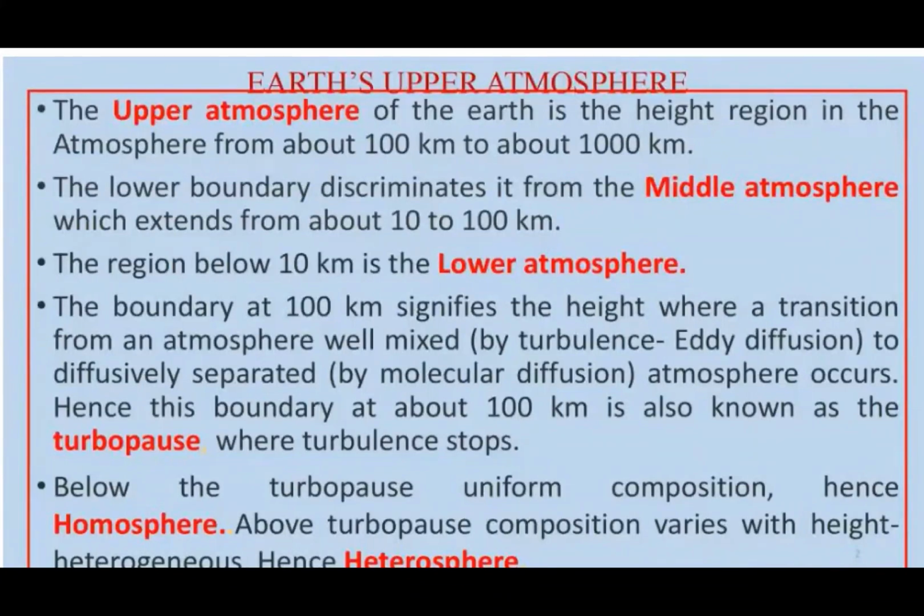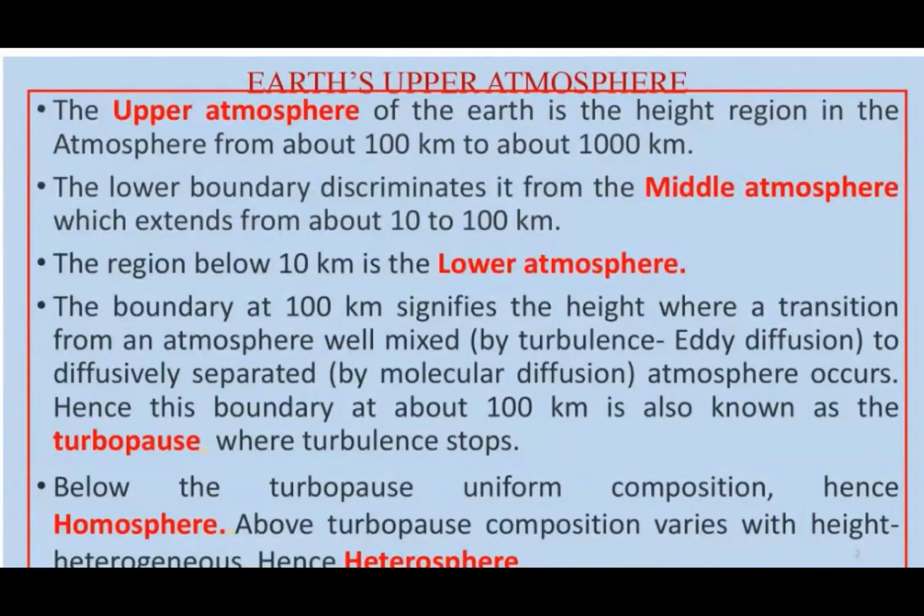For example, the boundary at 100 kilometers signifies the height where a transition occurs from an atmosphere which is well mixed by the process of turbulence or eddy diffusion to a diffusively separated atmosphere by the process of molecular diffusion.